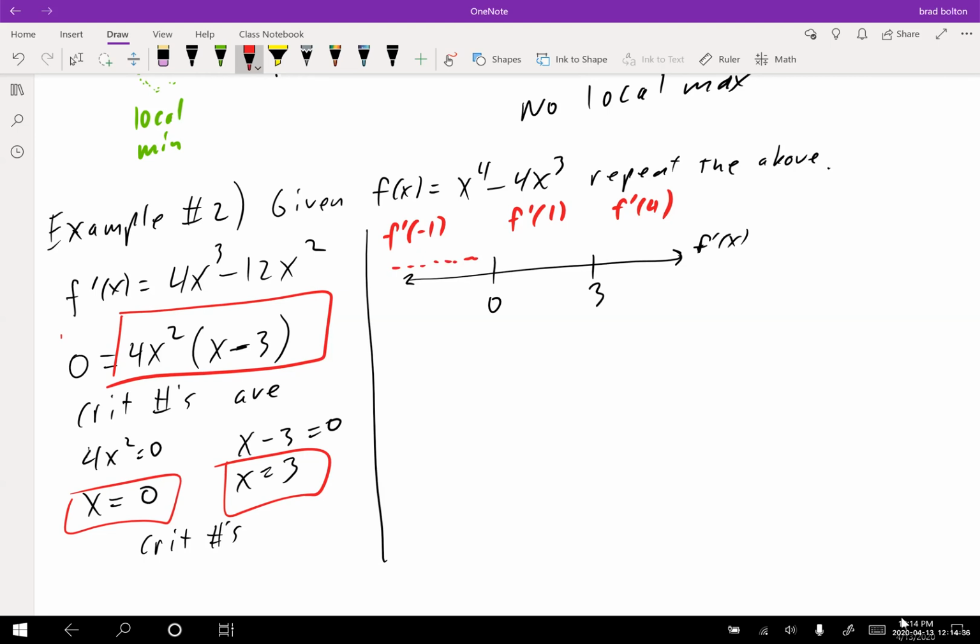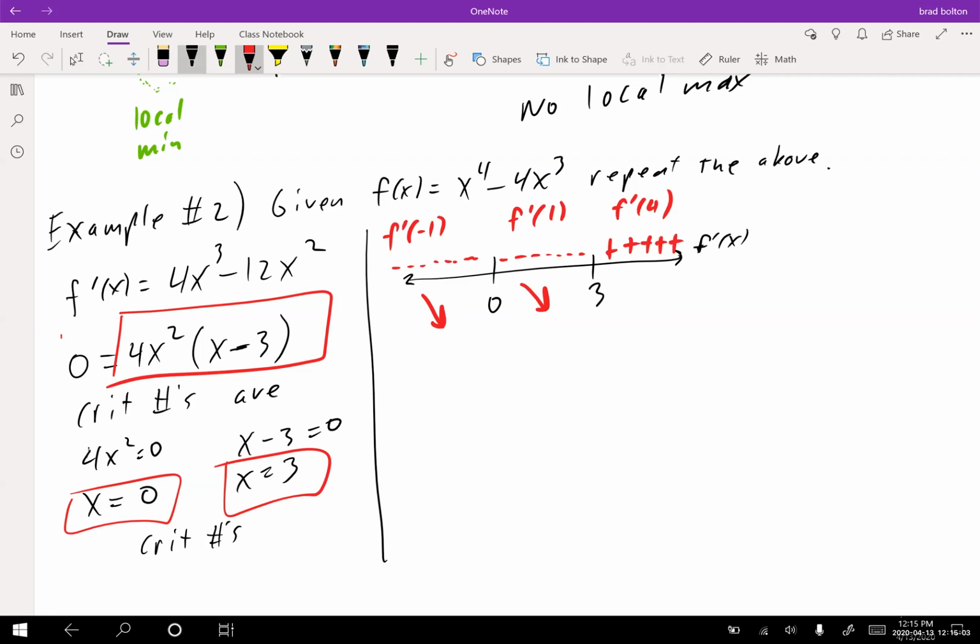And we know that this means decreasing, right? When I plug 1 in, I get a positive 4 times a -2, so that's still negative. And then when I plug 4 in, I get a positive times a positive.